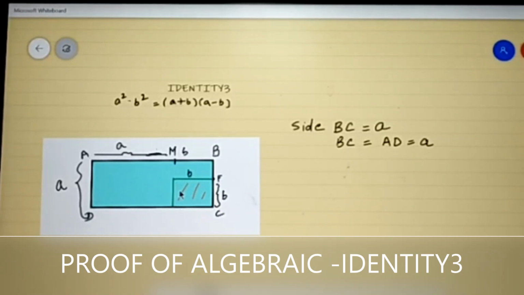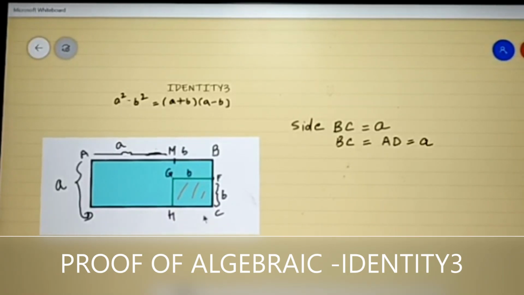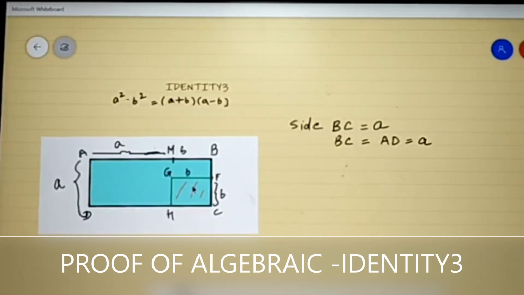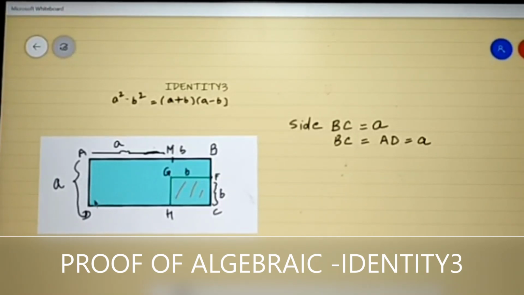Now we name this part. This part can be named as FGHC. Now FGHC is a square whose side is b. Now we are going to extend the line FG to meet the side AD.